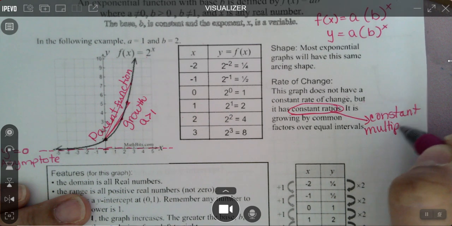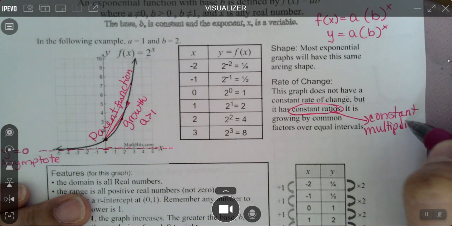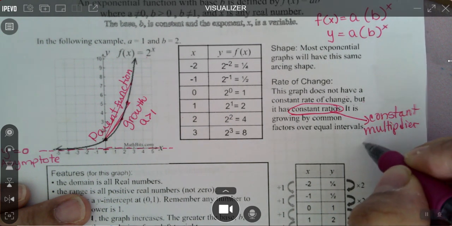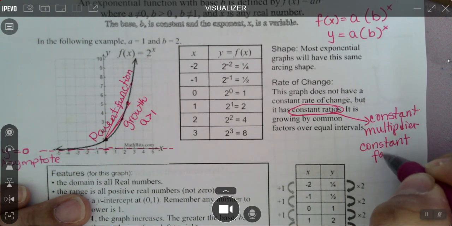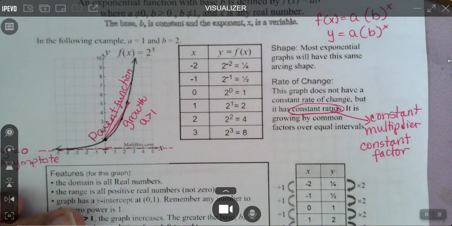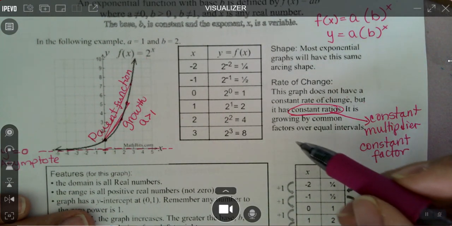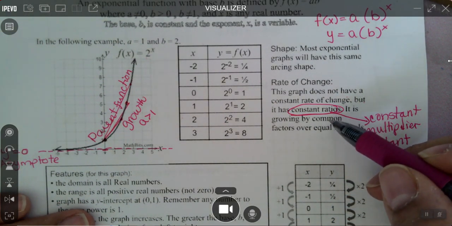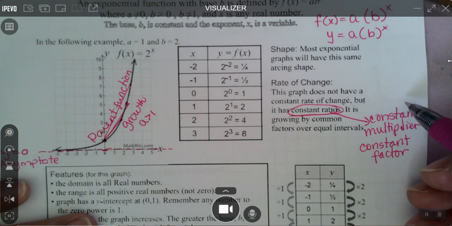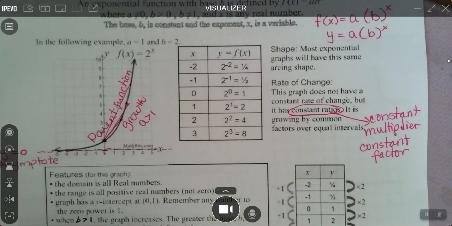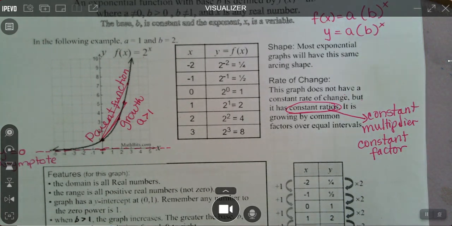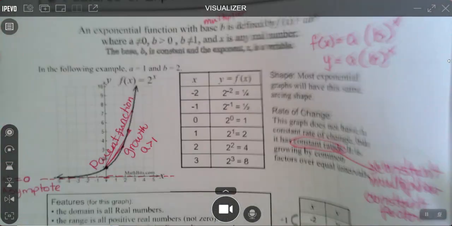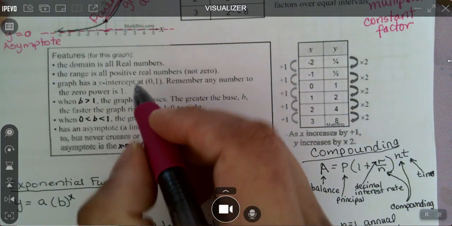Vocabulary is going to be super important, a constant factor. The R for ratio is not the R for the interest rate. Features of this graph: the domain is all reals.